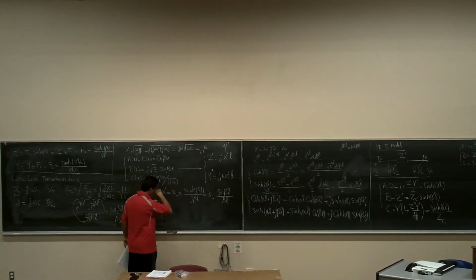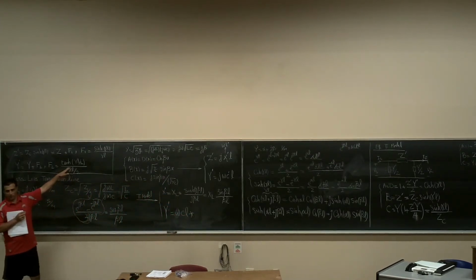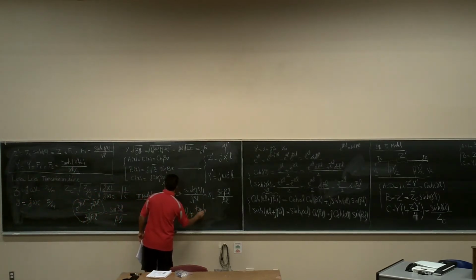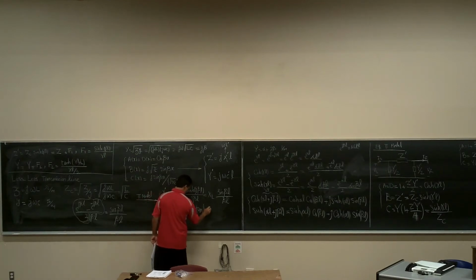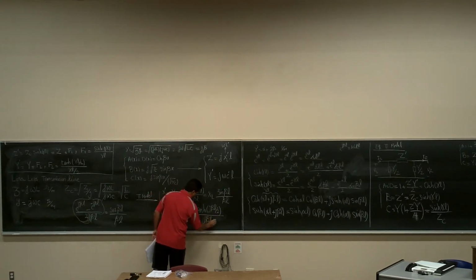How about the Y prime? Y prime is going to be omega CL, forget the j, I'll put it later. Omega CL times F2. Definitely this one I'm going to leave with you to calculate. I cannot remember. Then tanh of j beta over 2 over j beta over 2.